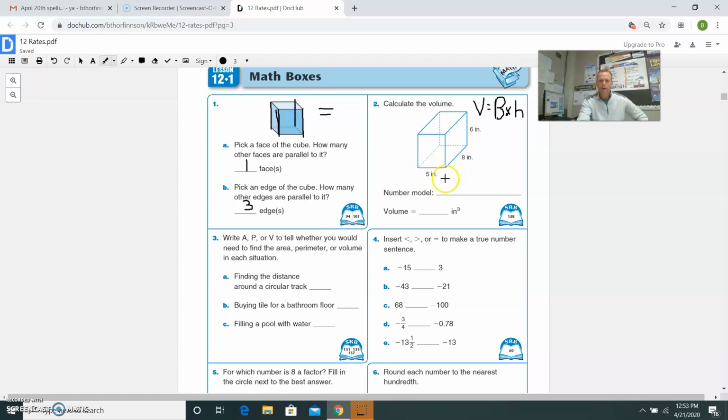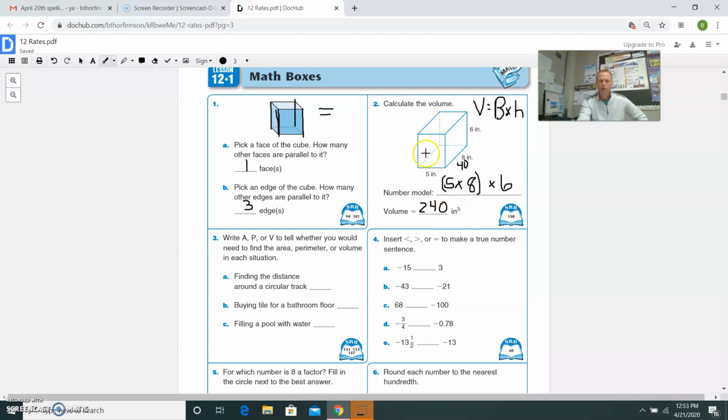So we would have, let's see if I can draw this quick, 5 times 8 would give you the area of the base. 5 times 8 is 40, and we would multiply that times our height, which is 6. 6 times 4 is 24 plus a 0. We have 240 inches, and 3 is cubed, okay?